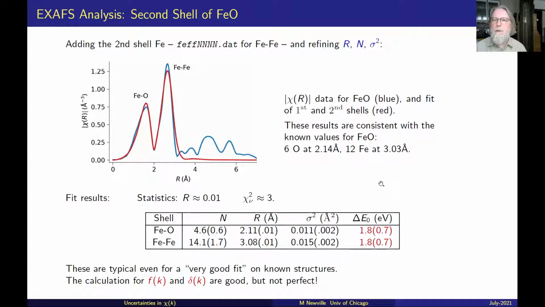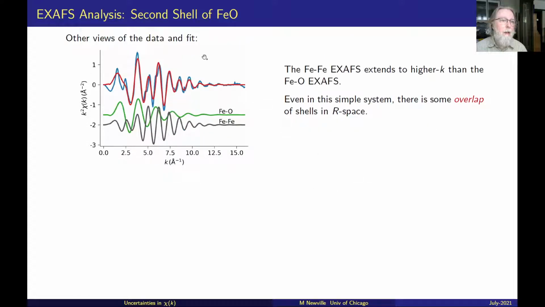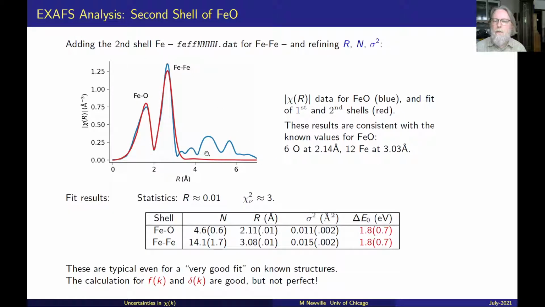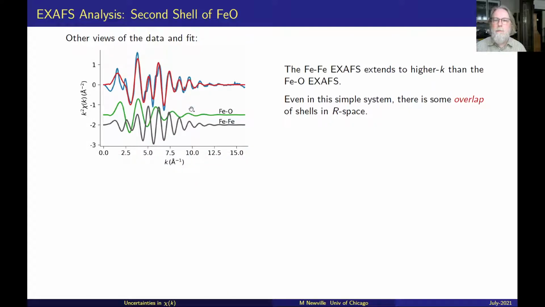Chi-square reduced about 3. And we can look at this fit and this data in the same way we did before. Now here's the fit in k-space, and that looks much better. We're still missing some of the highest frequency components. If I go back, we're missing all of this stuff at 4 and 5 and 6 angstroms. And that shows up as the really high frequency components that we're missing here. If we look at the separate components, we have the iron oxide scattering here with low frequency components, and then iron-iron.